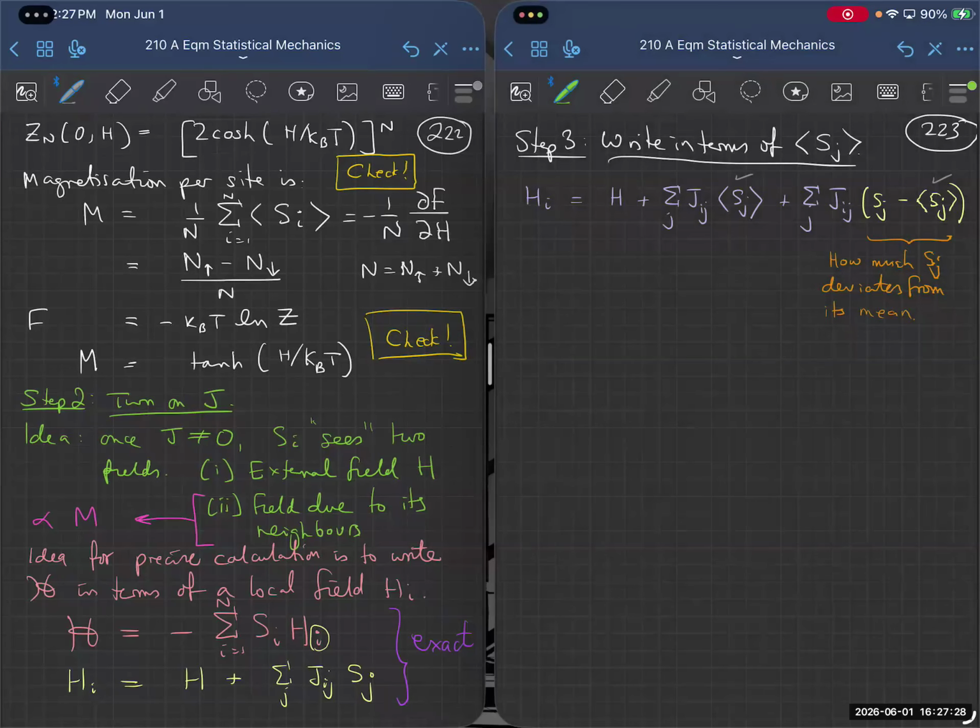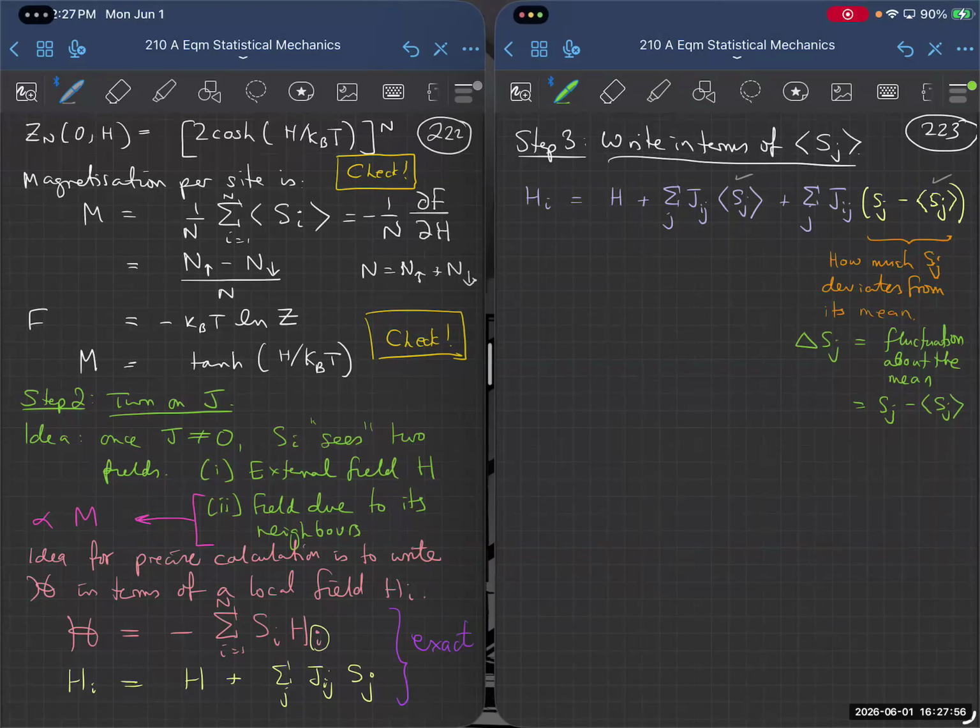So in other words, delta Sj is equal to the fluctuation about the mean, and that is equal to Sj minus its average value. So that's what that thing is. Okay, so that's the fluctuation about the mean.